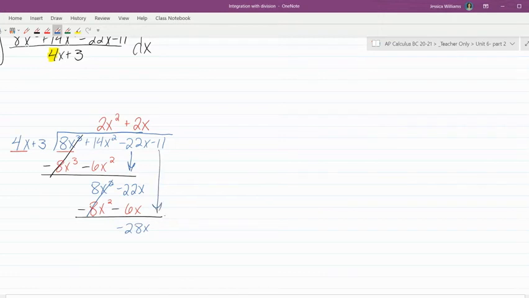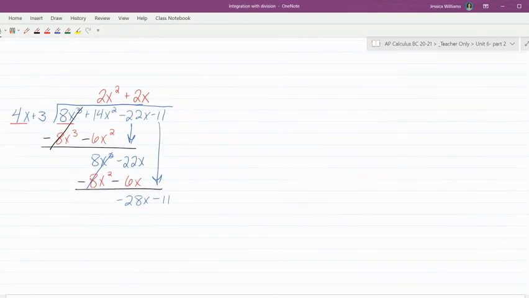Pull the next term. How many times does 4x go into negative 28x? That's a negative 7. Multiply. This is now a negative 28x and a negative 21. But I'm going to change the signs and add. So my remainder here is a positive 10.